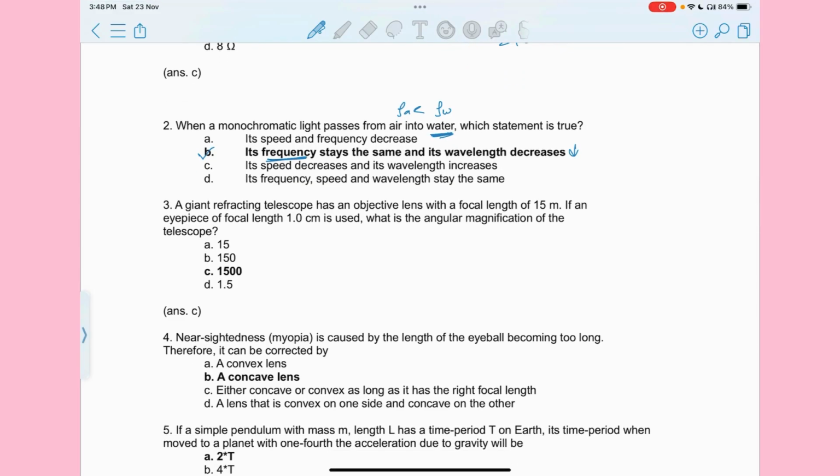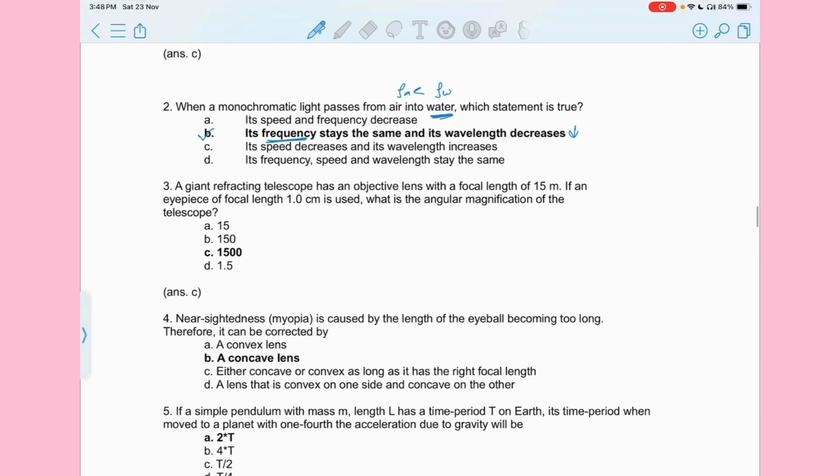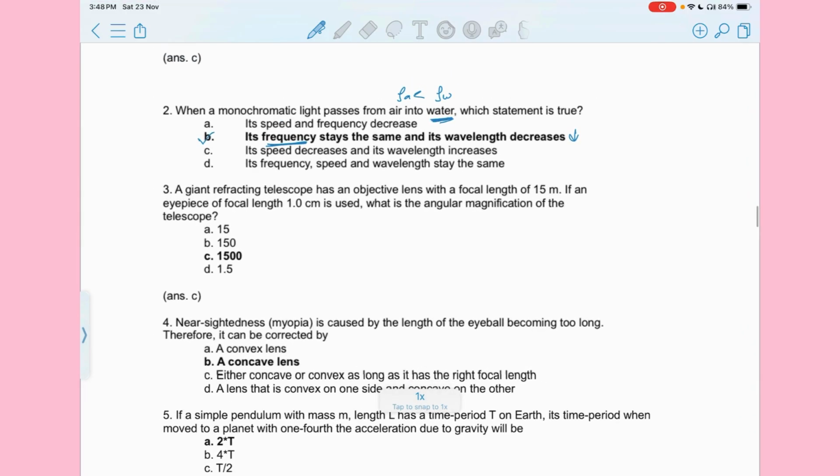Moving to the next question. A giant refracting telescope has an objective lens with focal length of 15 meter. If an eyepiece of focal length 1 centimeter is used, what is the angular magnification of the telescope? So, given here is your fo, which is 15 meter. Focal length of the eyepiece is 1 centimeter.